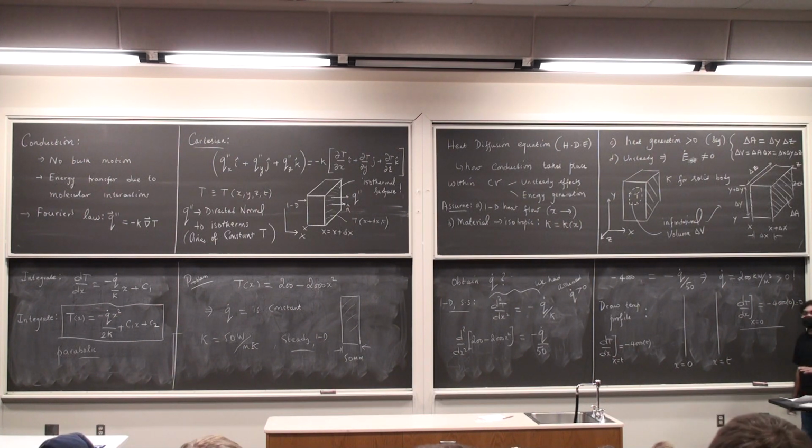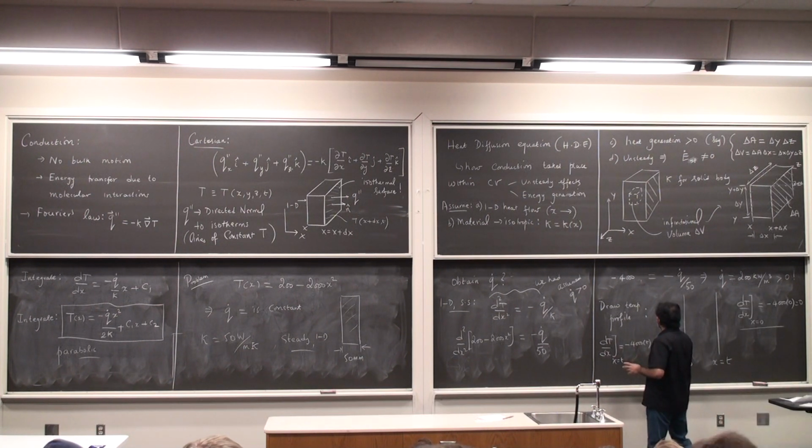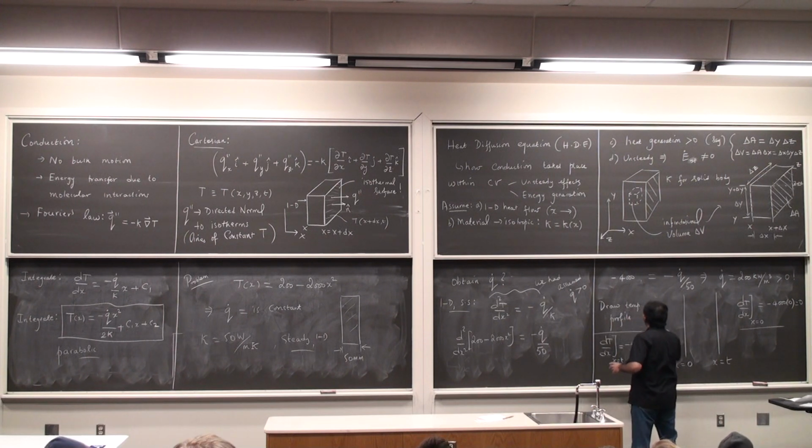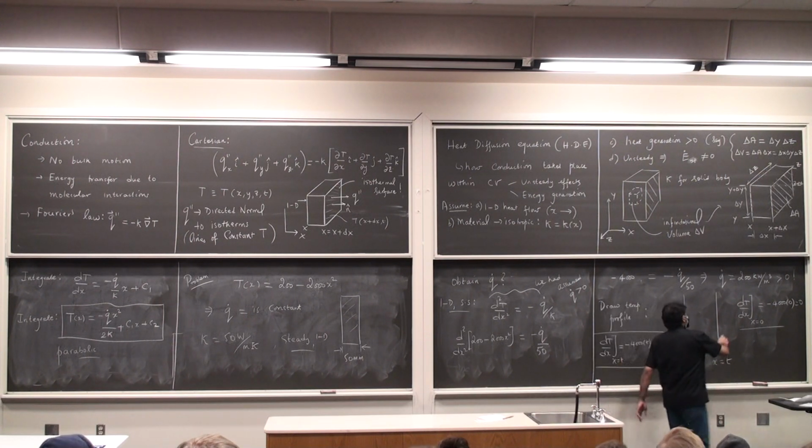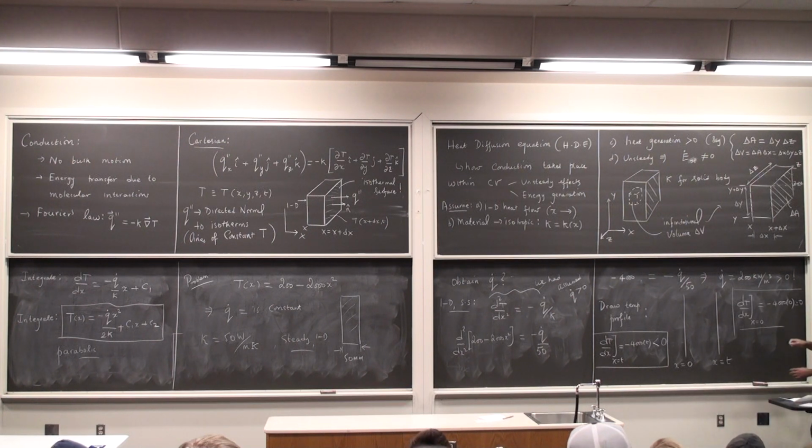I'm not going to calculate any of these things, and you don't need to either. What am I doing here? I'm calculating the slopes at x is equal to 0 and at x is equal to T.